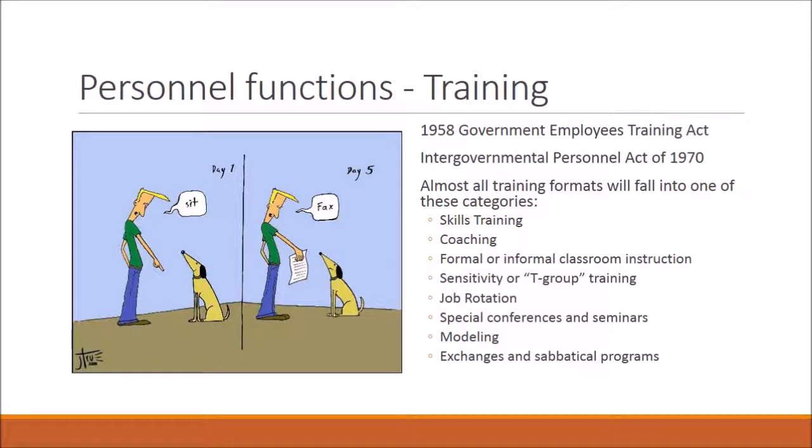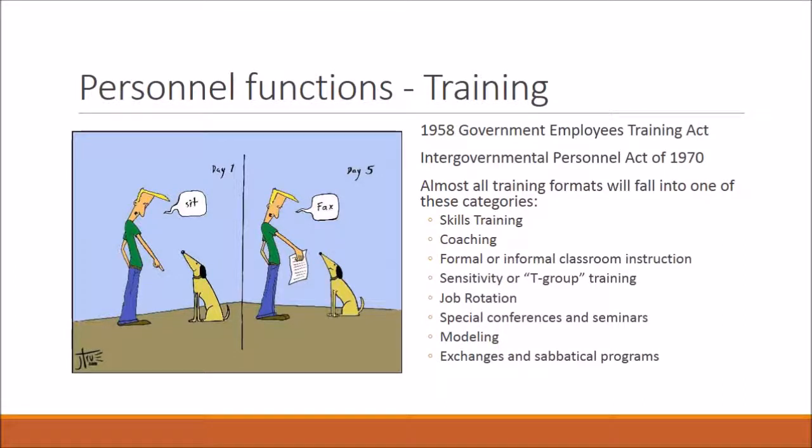Sensitivity or T-group training, assembling small groups of employees to deal with specific problems, often of interpersonal relationships, usually requiring a professional facilitator and relying heavily on the willingness of individuals to confront the emotional aspects of their behavior. The next is job rotation, providing employees with differing work activities in order to increase their experience.